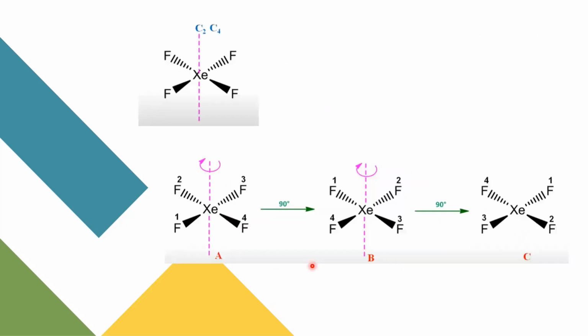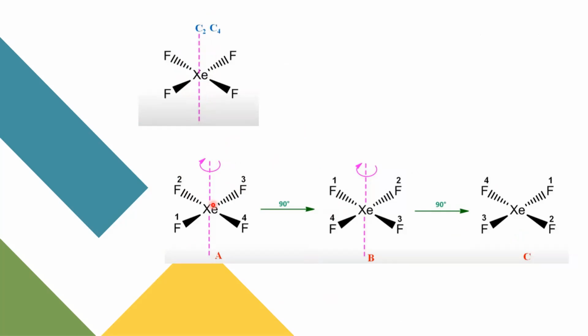In addition to that, you have the C4 rotation axis. C4, 90 degrees, you get this. So we have C2 axes here and a C4 axis which passes through this. Again, through the xenon, this C4 rotation axis is also a C2 axis.